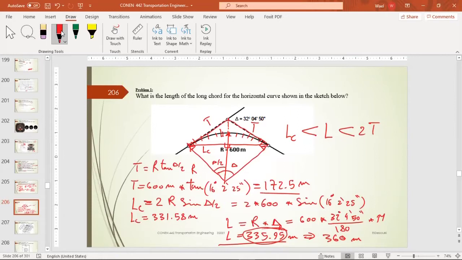It gives a chance for error and mistakes. So if you use L equals 360, and they are using stations every 20 meters, then they are going to divide it into 18 stations and so on. Now you see why we round to whole numbers, and especially in tens.